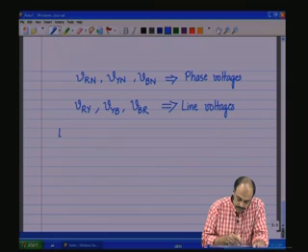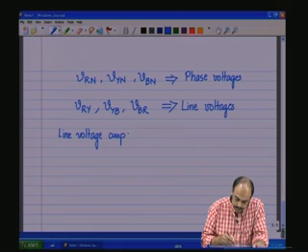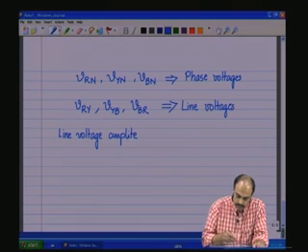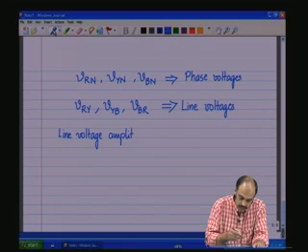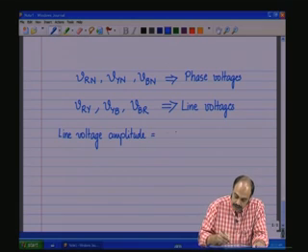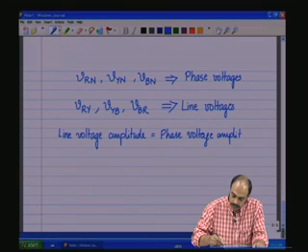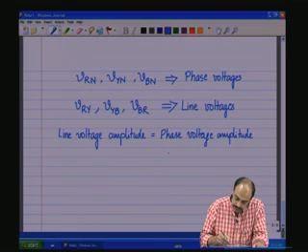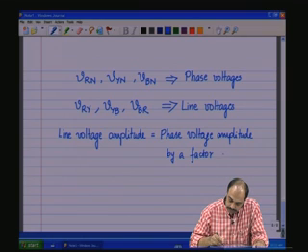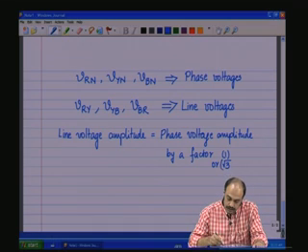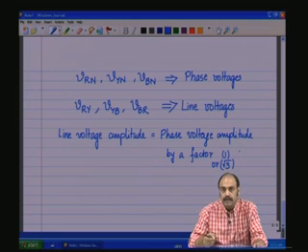The line voltage amplitude is related to phase voltage amplitude by a factor of either 1 or root 3. This depends upon the way the phases are connected.